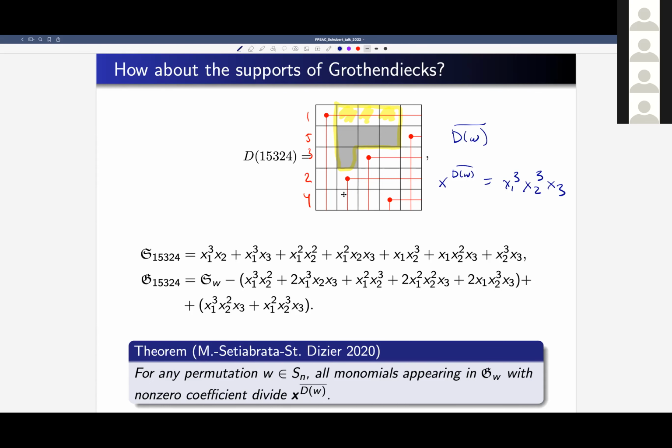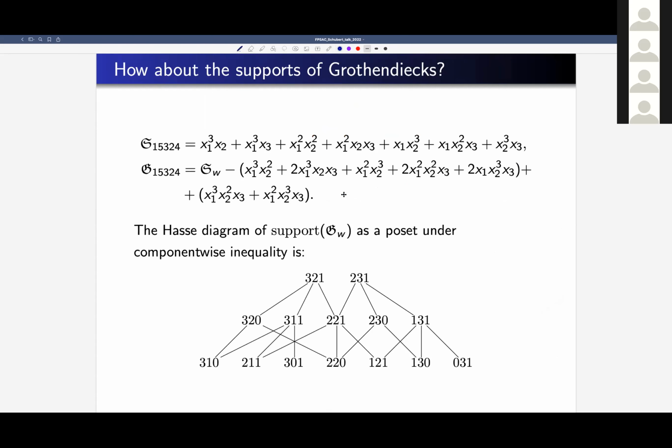Okay, well, let's take this further. Let's write down, by component-wise inequality on the exponent vectors, the Hasse diagram. So here I mean 3, 2, 1, 0, 0, because this is in S5.